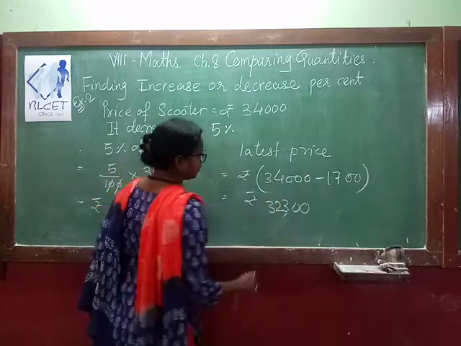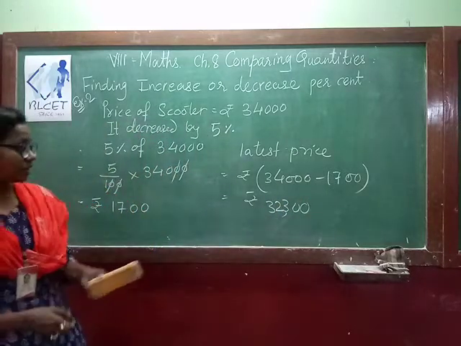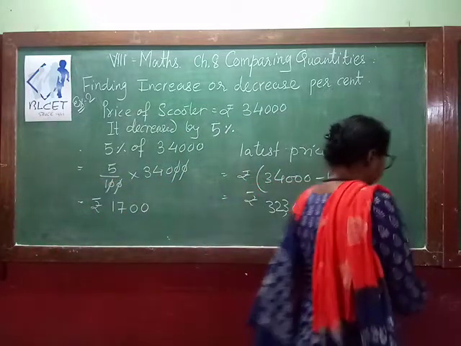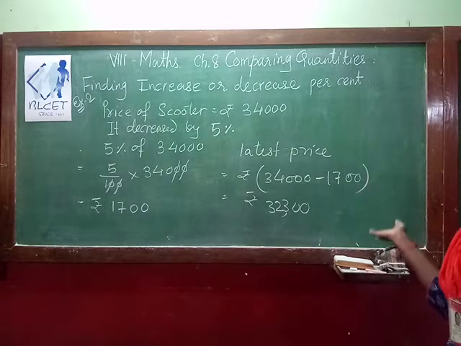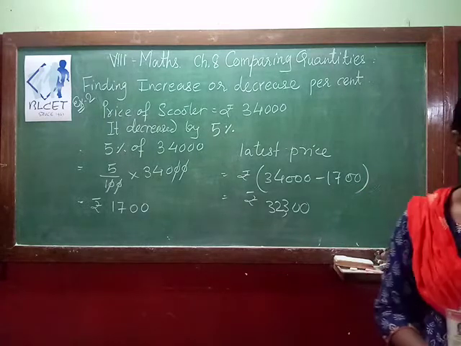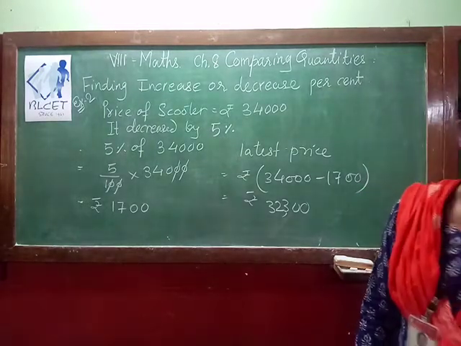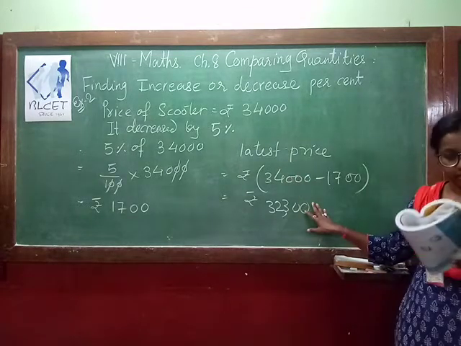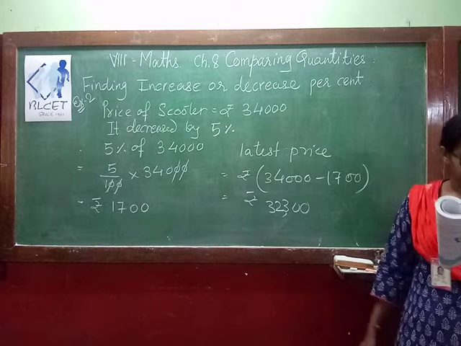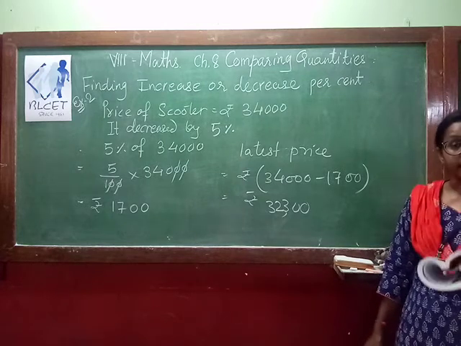So it is 32,300. So this way we can find the increase percent in terms of price, and then we have to either reduce or increase. So this way we can calculate increase rate in terms of percentage and decrease rate in terms of percentage. Okay. Next we will see how to find the discount.